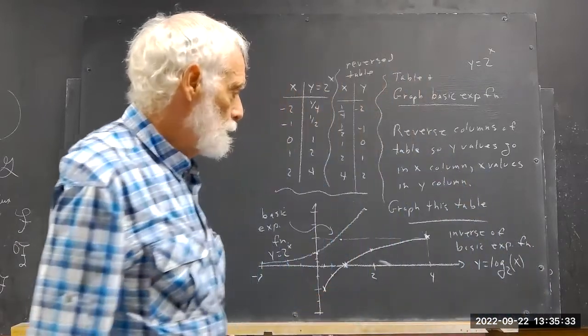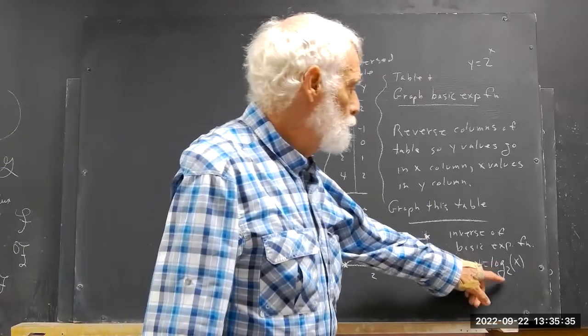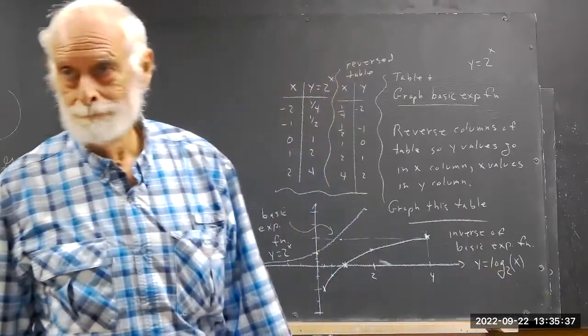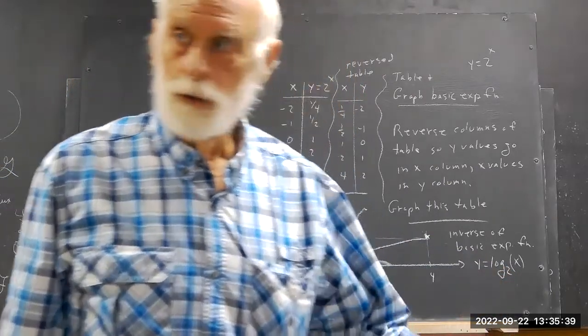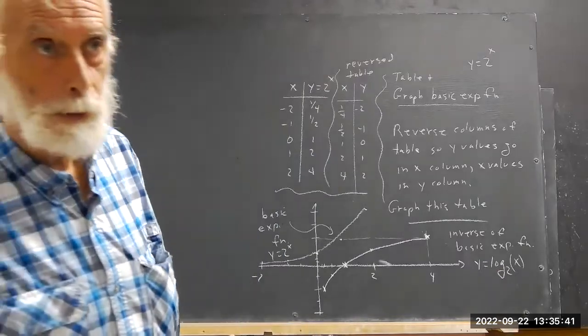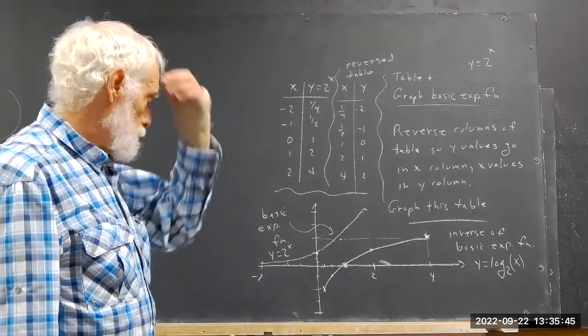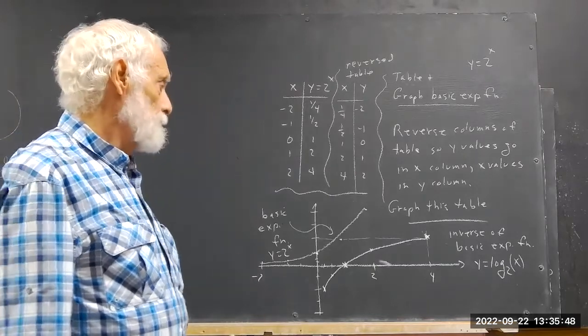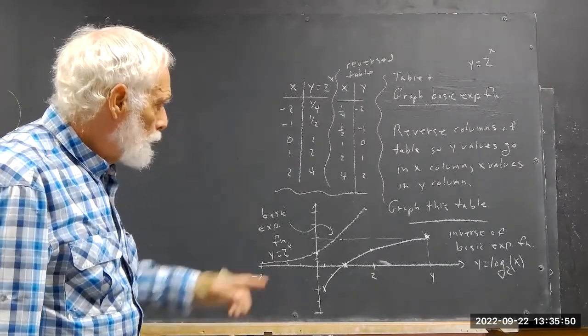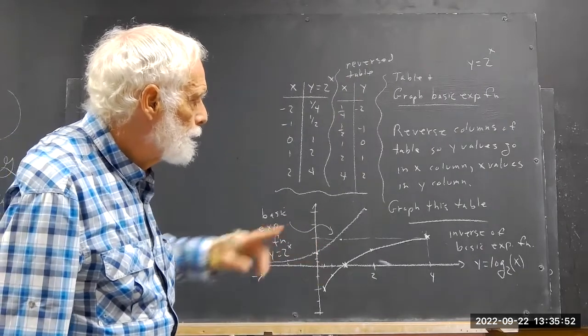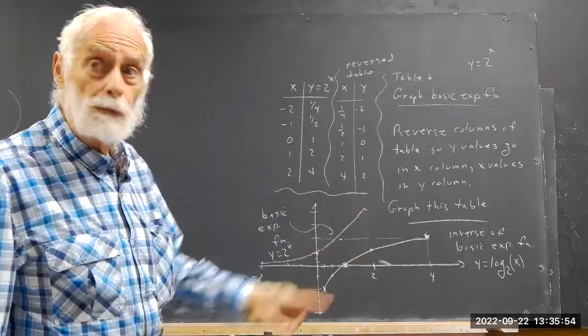And we'll talk about it later. It's what we call the base 2 logarithm of x. No, we don't get to logarithms for another month or more. That comes sometime in November usually. But it's the inverse function.